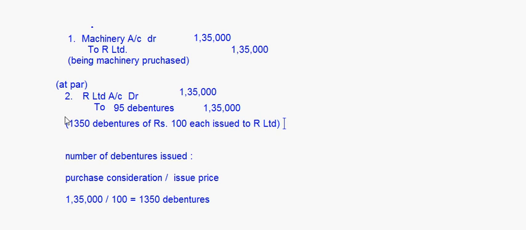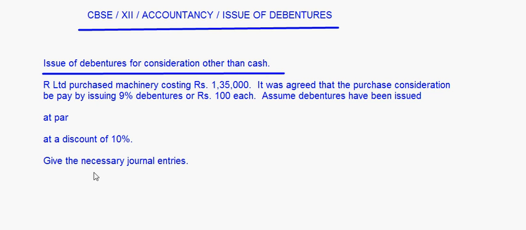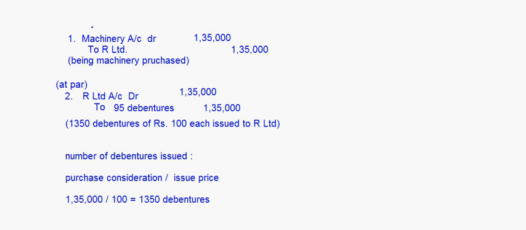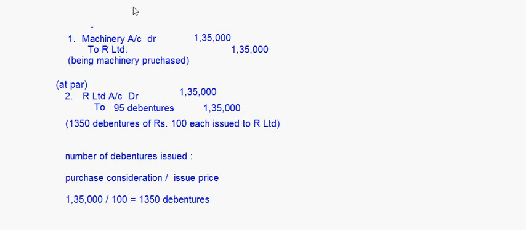Now we come to the second case, where it is issued at a discount of 10%, right? Now in this case, the first entry is the same in both the cases, machinery to R Limited.